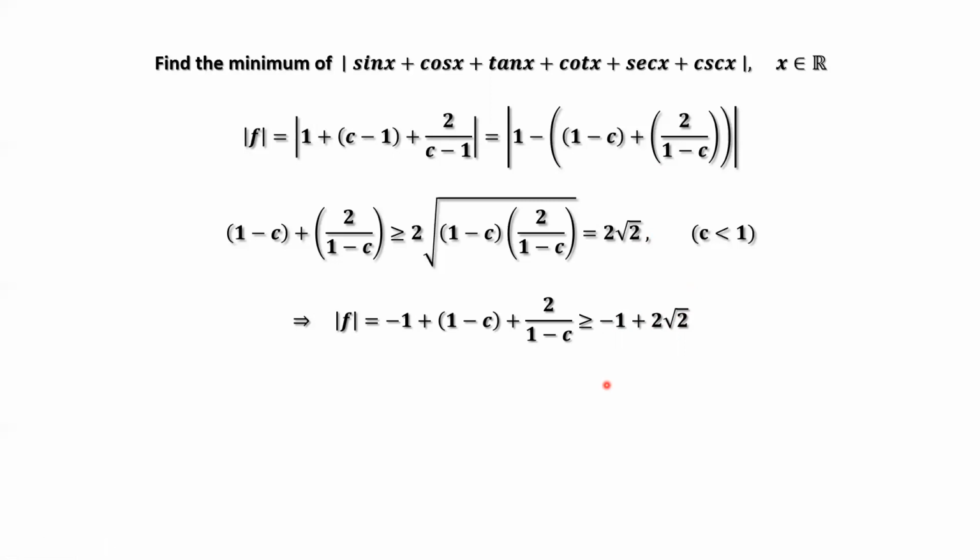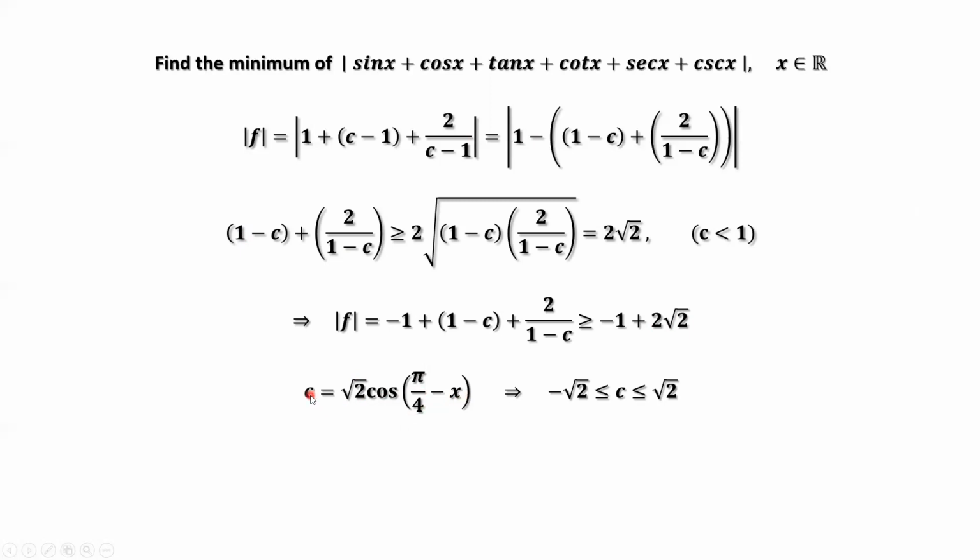Next thing we need to do is to check if we can find a c such that the absolute value of f equals -1 plus 2 times square root of 2. By our definition, c equals square root of cosine y. Y is defined as pi over 4 minus x.